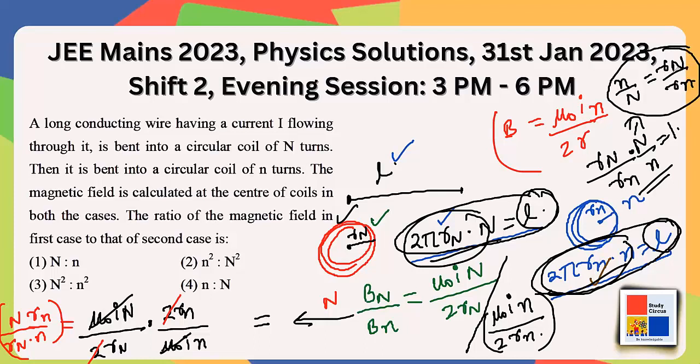That means R_N upon R_n is equal to small n upon N. So if you substitute the value here, you are going to get N square upon n square. The ratio is capital N square upon small n square. So this becomes the answer.